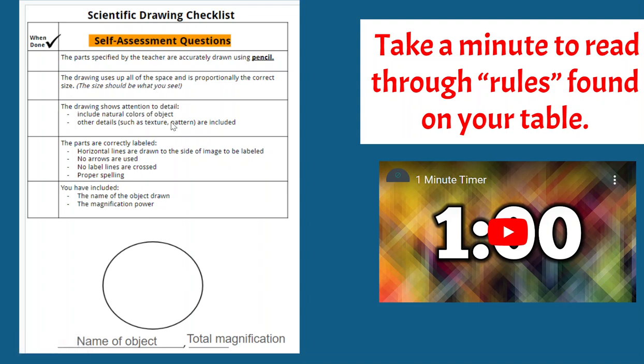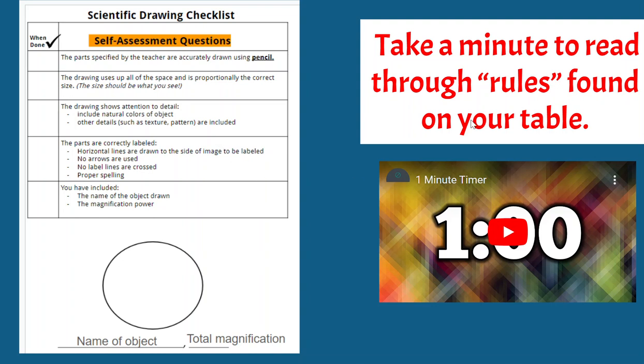All right, but we do want to try to have the same proportional size when we draw it compared to what it looks like as we're looking in the microscope. The drawing's going to show attention to detail, and it'll have close to the natural colors that you can show, and you'll usually use colored pencil to do that. And if there's texture or pattern, you want to mark that.